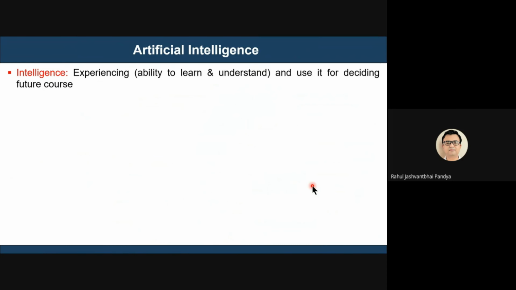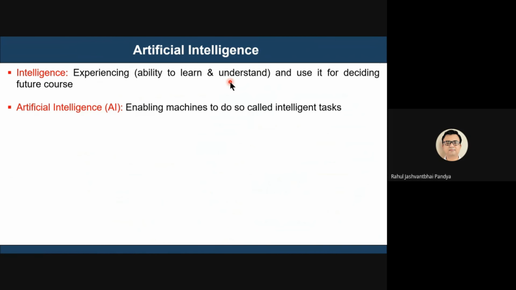Artificial intelligence, in that the intelligence means the ability to learn and understand and use it for deciding the future course or maybe future prediction. That's what we are going to understand. And AI generally enables the machine to do intelligent tasks mimicking human behavior, in different tasks such as problem solving, discovery of a particular conclusion or pattern or outcome, learning process, dealing with uncertainties.